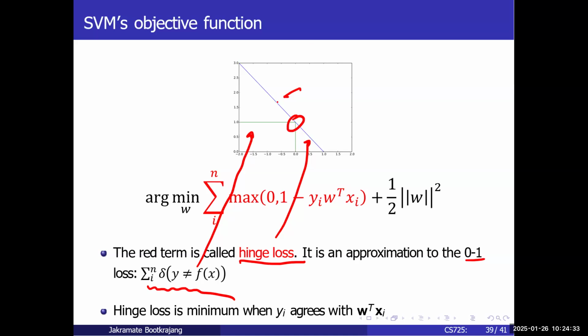But for the blue line, you can differentiate at every point. So that's why they use the hinge loss as an approximation to the 0, 1 loss function. In reality, we want to use the 0, 1 function, but because it is very hard to compute the gradient, they use the hinge loss instead, because the hinge loss is easier to find the gradient.